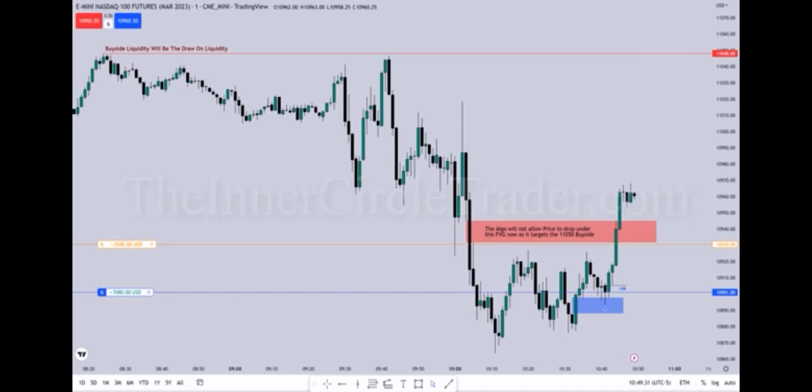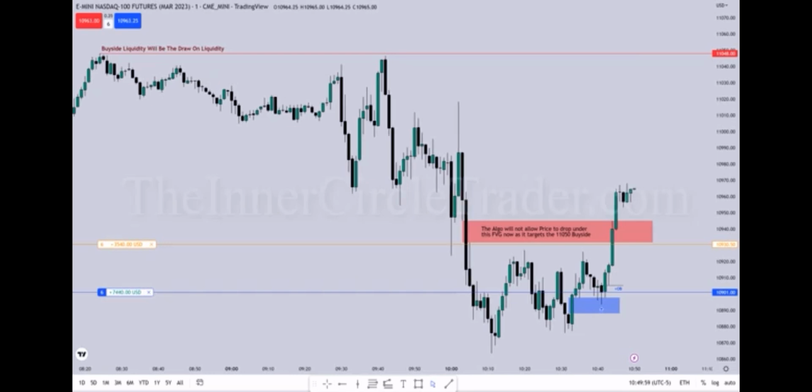And the reason why is because it's already repriced, and it's aggressively going to attack what? Those buy stops above those equal highs at 11,048. So 11,050, that's where I'm anticipating the next draw on liquidity. But there are two targets before we get there, and I'll obviously mention them as we go.